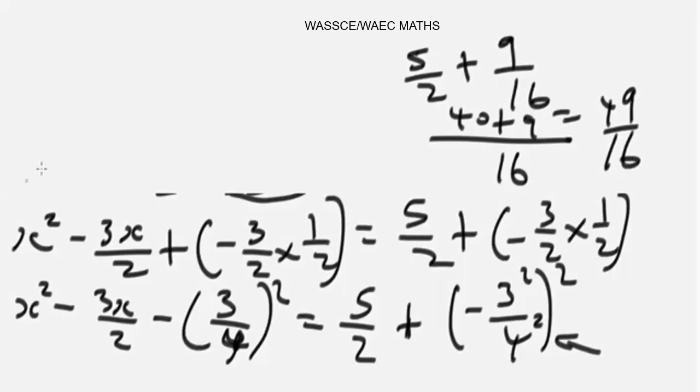Still remember that we are using the completing the square method to solve this. At this juncture, we can neglect everything on the left, both the sign.